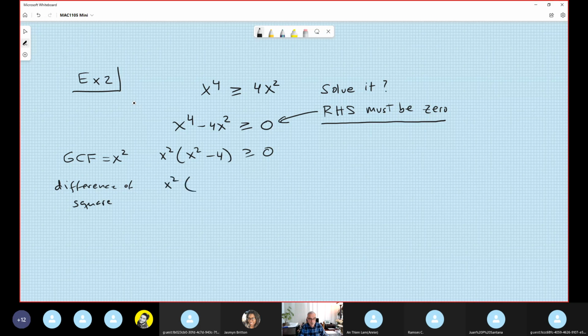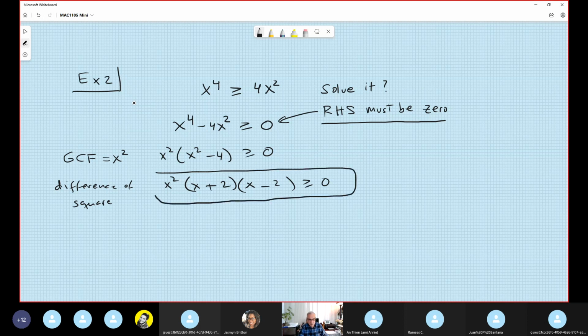So I break it down into parentheses. The square root of 4 is 2, plus or minus. Oh, nice. And this is our new inequality, which by the way is equivalent to the horrible inequality that nobody understands. Okay, but this is equivalent 100%. This represents the same thing. However, this is easy to manipulate.